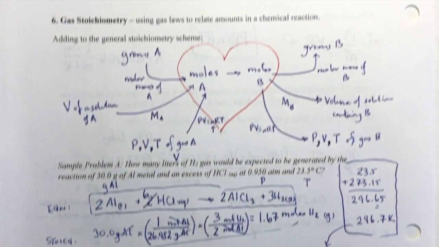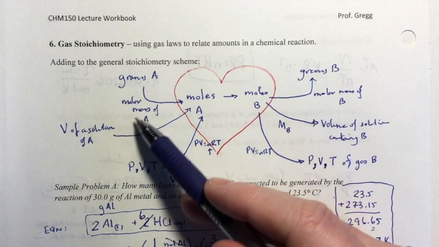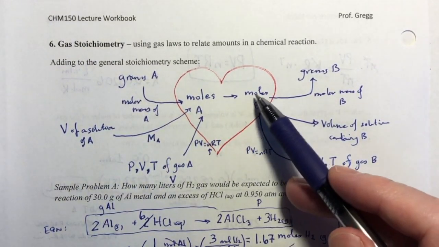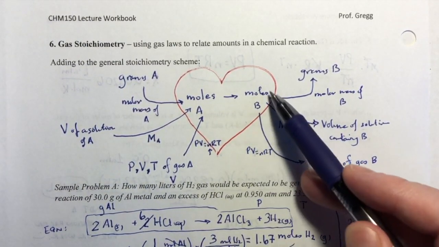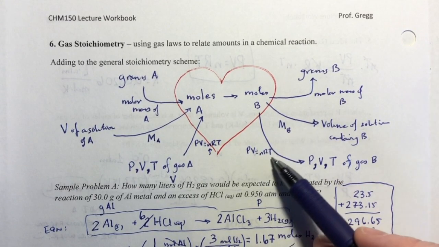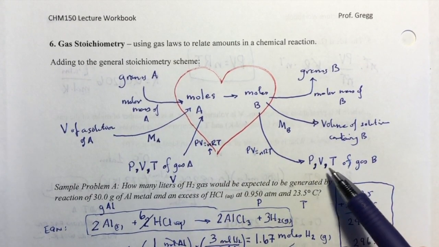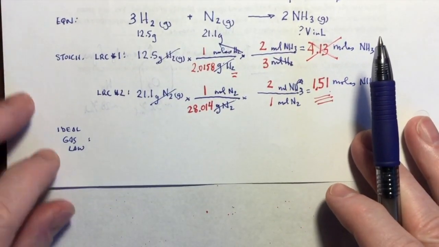So if I look up here in my scheme, I have done the correct stoichiometries to determine the moles of my secondary substance, my product. So I'm right here now. Now I have to switch out and go to the ideal gas law to be able to determine the volume of my gas. And that's what I'm going to do here at the end. I have my ideal gas law.